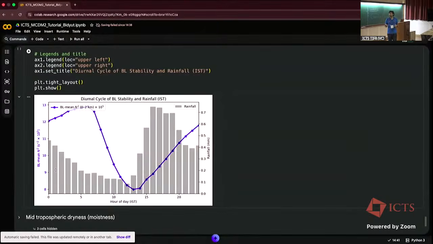Now I think it's almost pretty obvious that we have a decrease in stability because we have a lot of sunshine, or heating of the surface, at the afternoon hours. So this is 3 p.m.